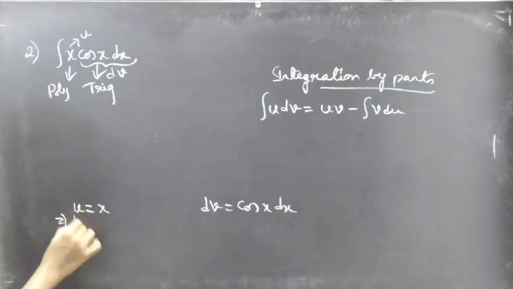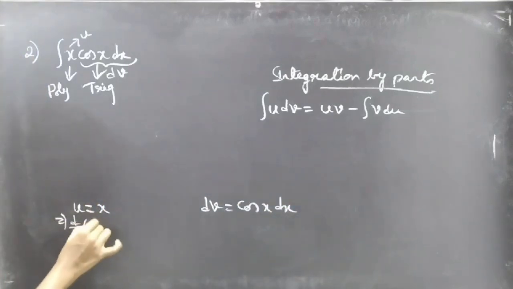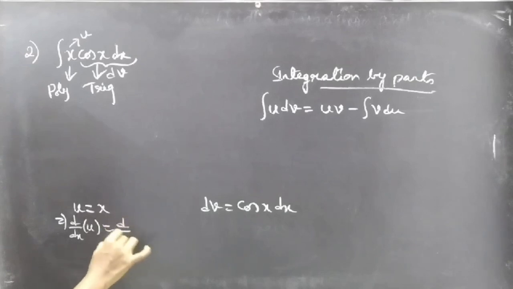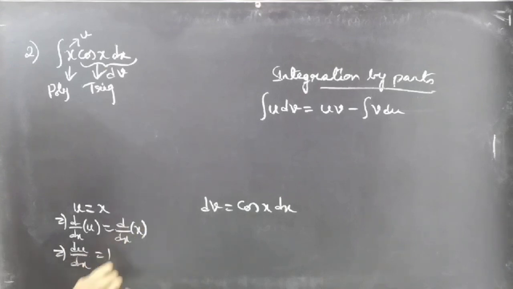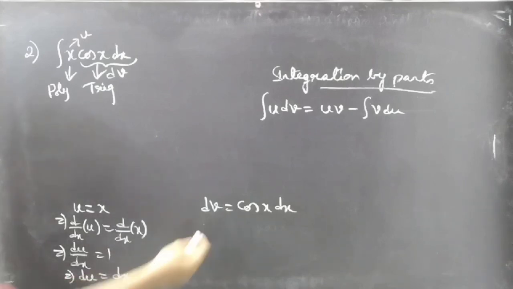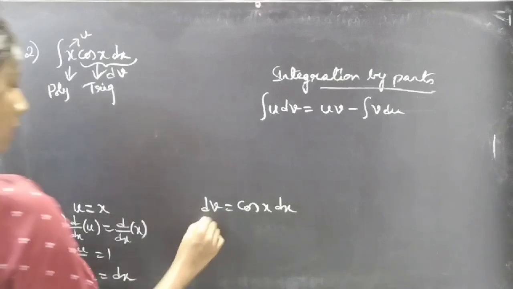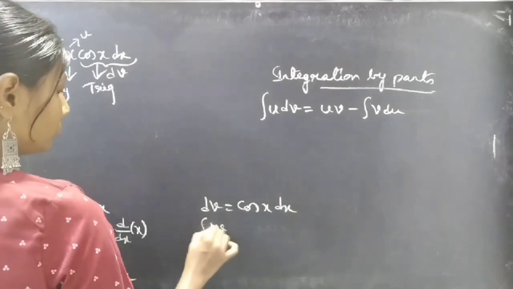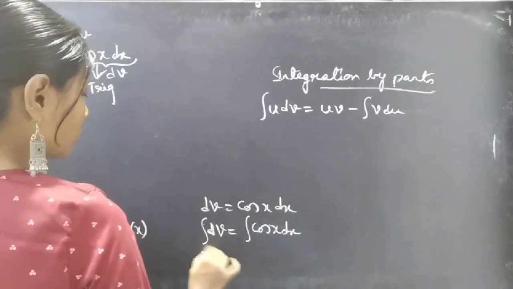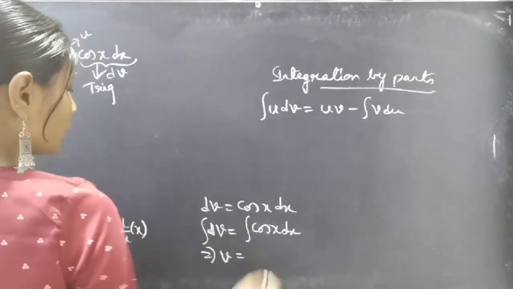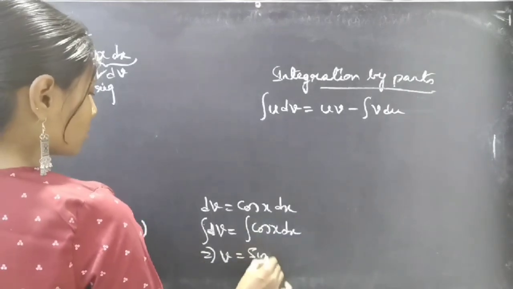So here we are going to differentiate on both sides with respect to x. We'll get du by dx equals the derivative of x with respect to x, which is 1. This gives us du equal to dx. And here we'll integrate on both sides to find v. This gives us v equal to the integral of cos x dx, which is sin x.